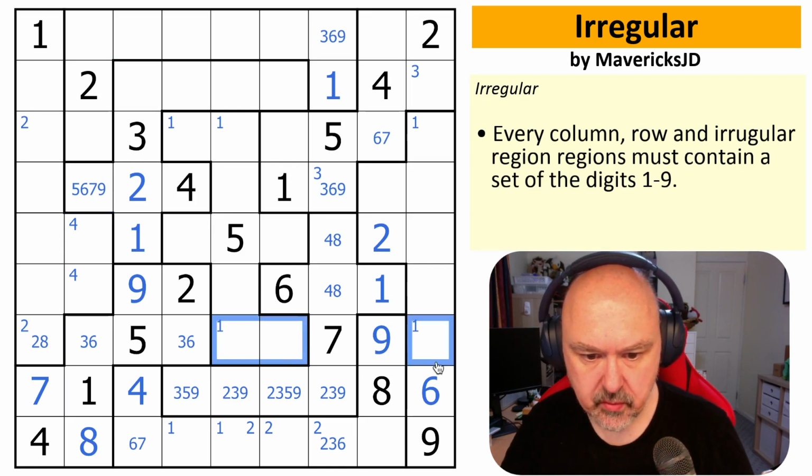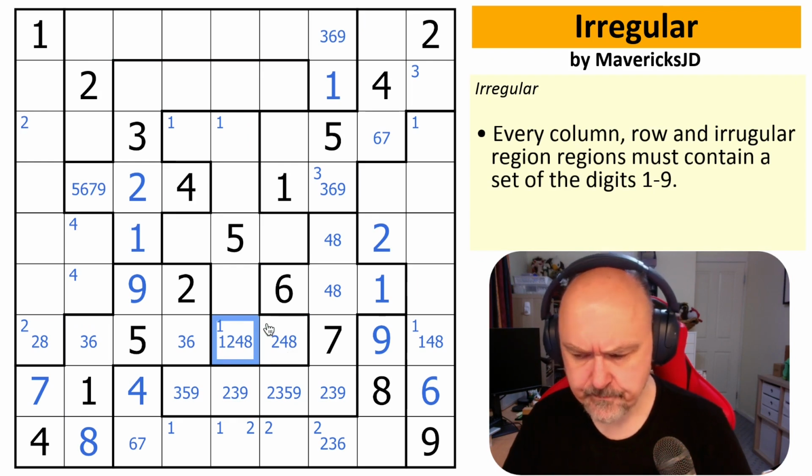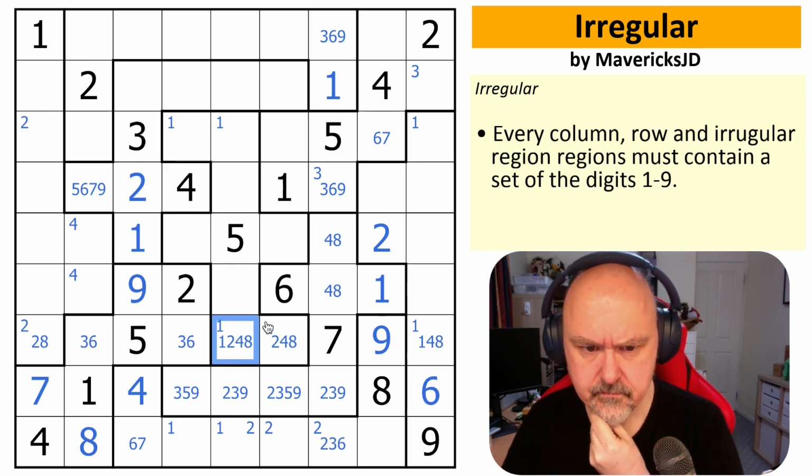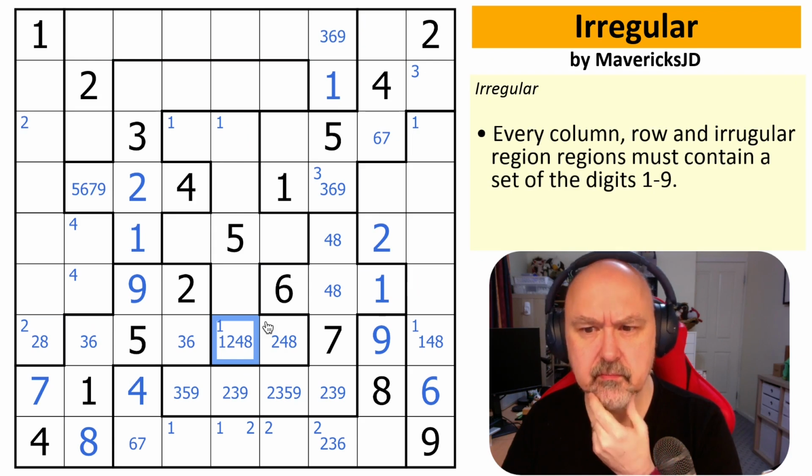What's this quad? 1, 2, 4, and 8. Well, that's not 2. That's not 1. Hmm.